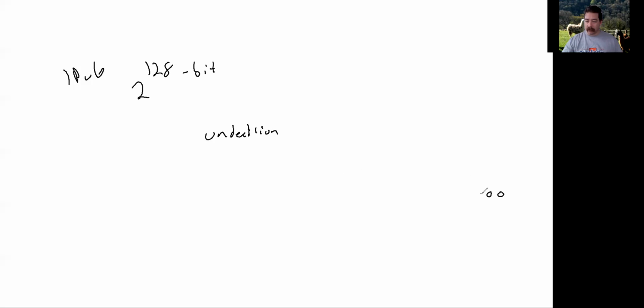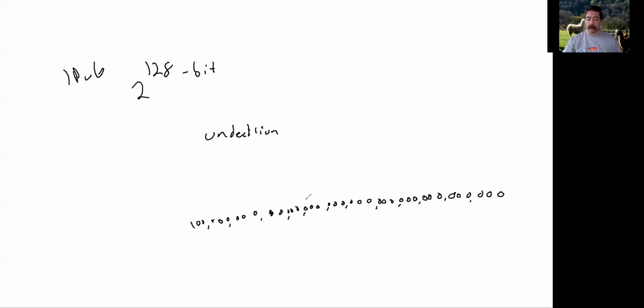Well, let's go over here: thousand, million, billion, trillion, quadrillion, quintillion, sextillion, septillion, octillion, that's 3, nonillion, decillion, undecillion.